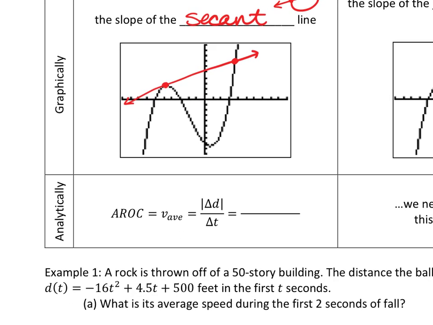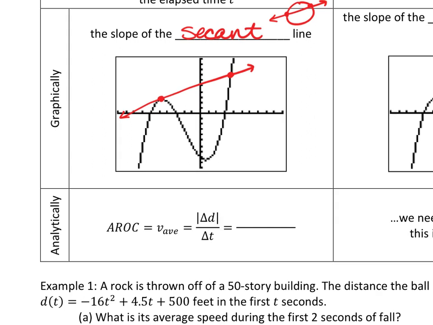So the formula for this, because it's essentially a slope, is going to look very much like the slope formula you've used since forever. AROC stands for average rate of change. That's me being lazy. Are y'all okay with that? Average rate of change is the same thing as a velocity or an average velocity. So that's the physics way of talking about it. V average is for average velocity.